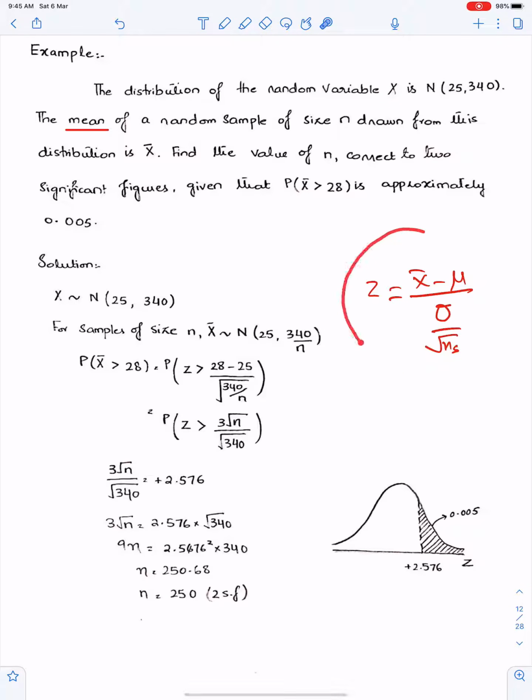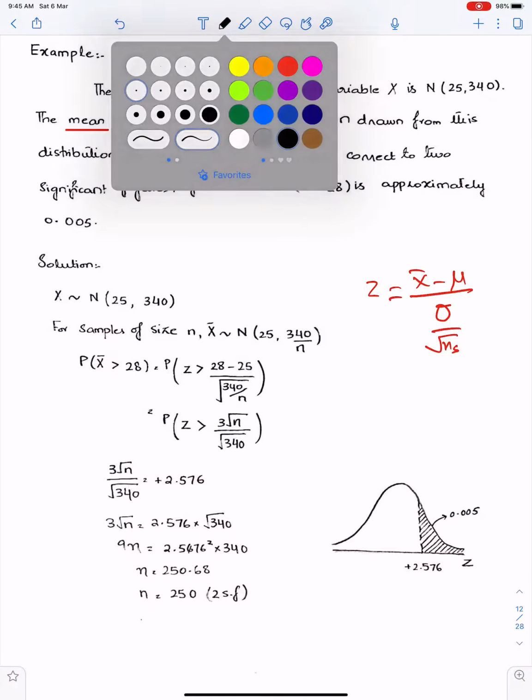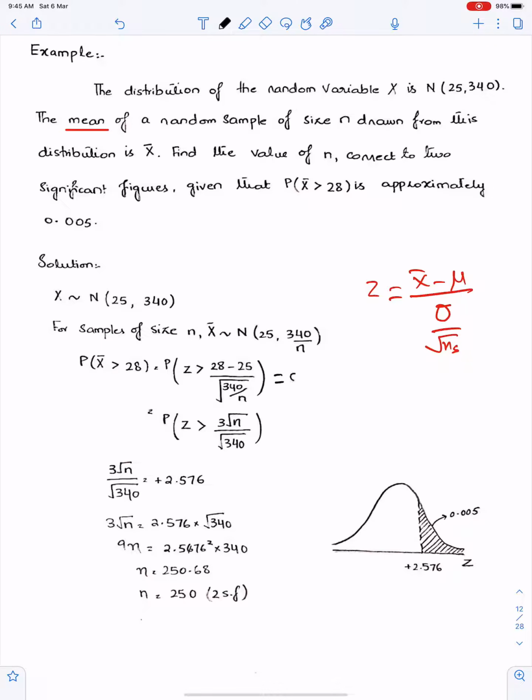We use this formula in the distribution of sample means. So when you use this entire thing, it is equal to 0.005.